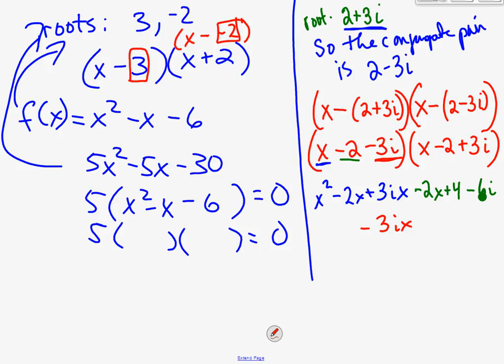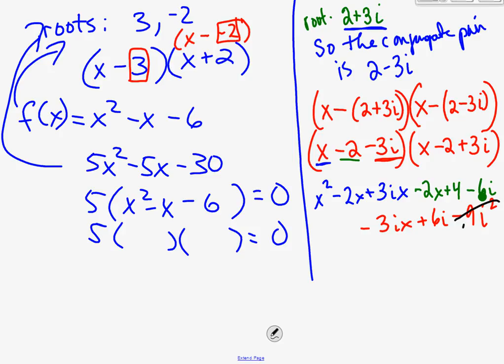I think plus. Yeah, there we go. And so now, if this doesn't make the i's drop out, I would go back because I made a mistake someplace along here, right? Because the i's have to drop out because this is going to have real coefficients.